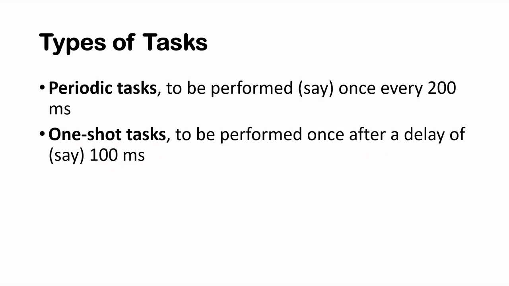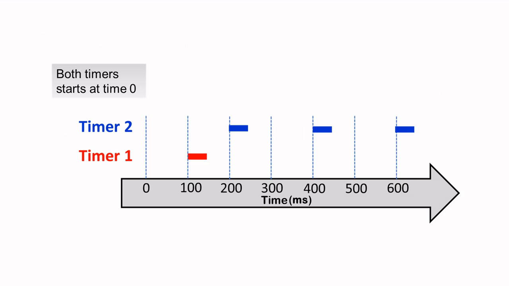Now, let's take a look at this definition using this timing diagram. So here I have two timers. Timer 2 is executing what we call a periodic task. At the first 200 milliseconds, the task is executed. This blue rectangle represents a task. At the next 200 milliseconds, it gets executed again.